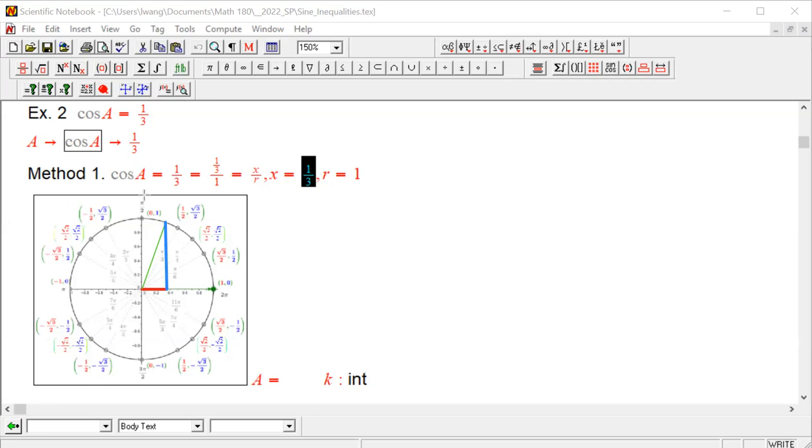Now, there's another terminal. This other terminal will be in the 4th quadrant, and any angle terminating there will also have the same cosine ratio, which is 1/3.